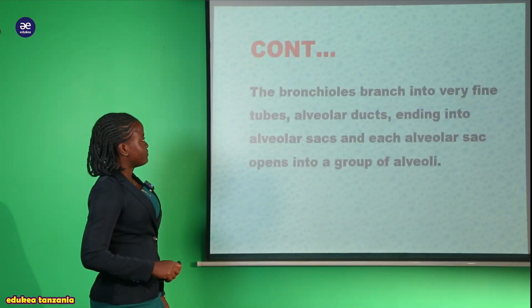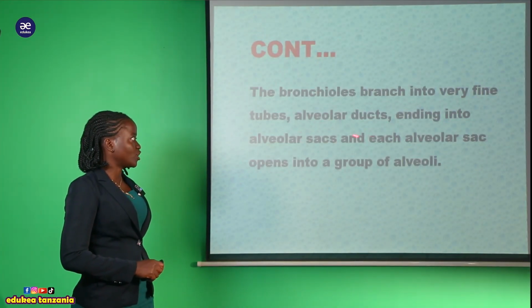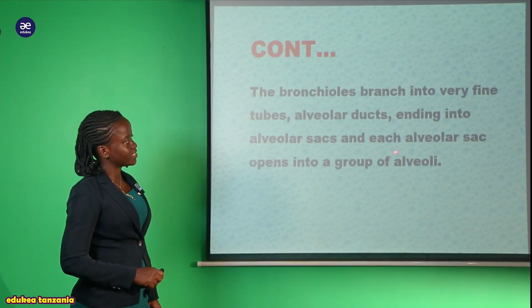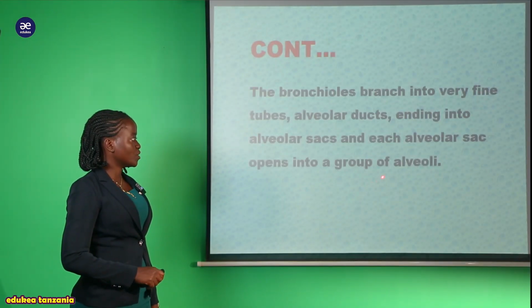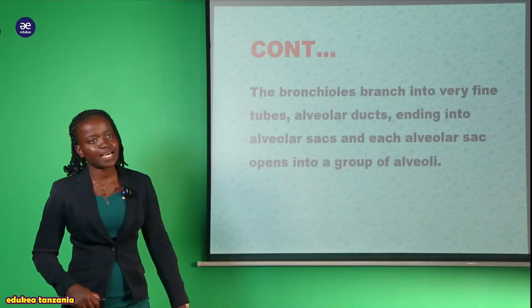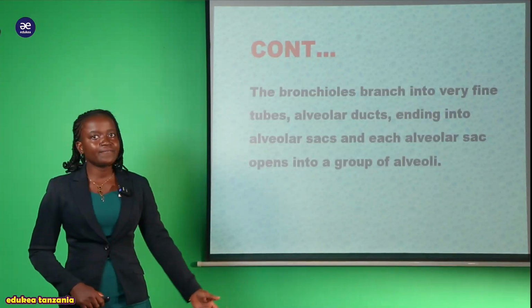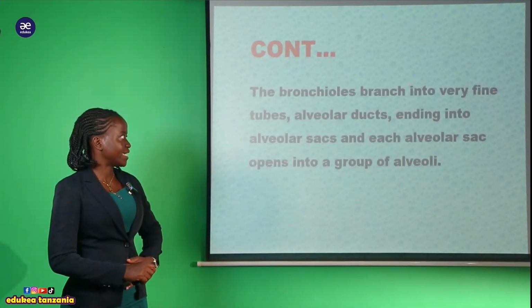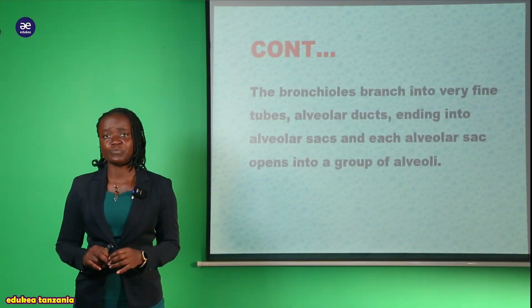And also we can say that the bronchioles branch into very fine tubes called alveolar ducts, and into alveolar sacs, and each alveolar sac opens into a group of alveoli. So what does that mean? Here we have seen that baada sasa ya hili structure ambayo inaitwa bronchioles, it branches also into fine tubes.